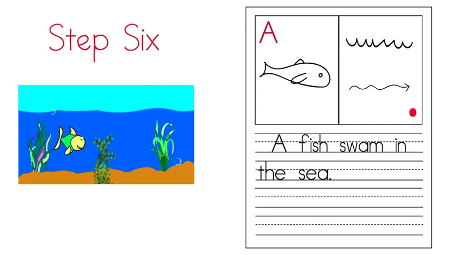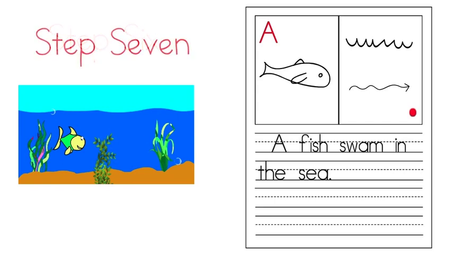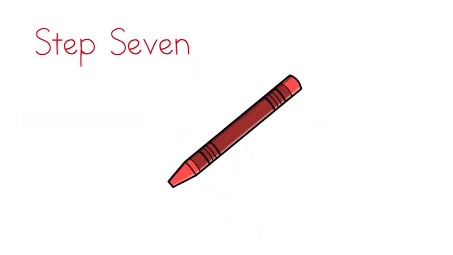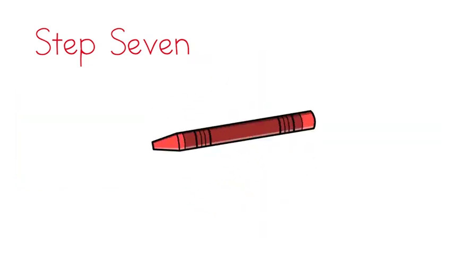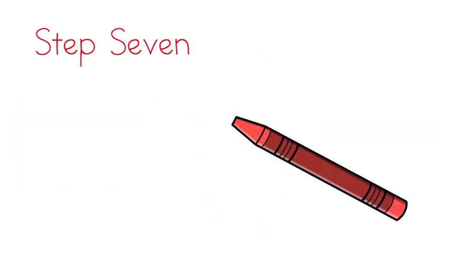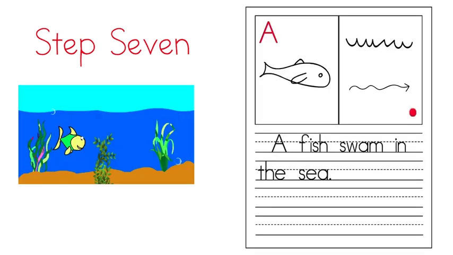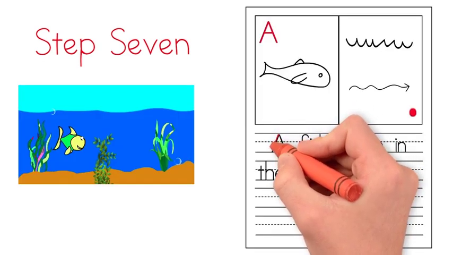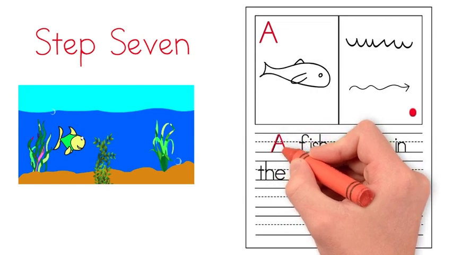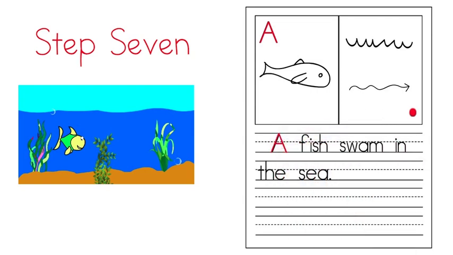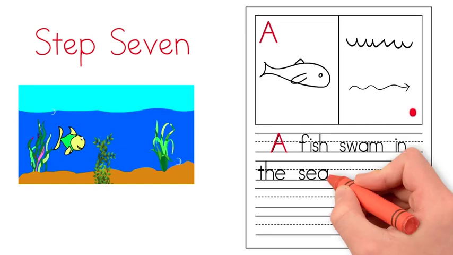Excellent job! Step 7. It's editing time. Get out your red crayon. Time to edit the sentence that you've written. Go back and trace the first letter in the sentence to check that you started it with a capital. Go to the end of the sentence and mark the period to check that you have a stop.